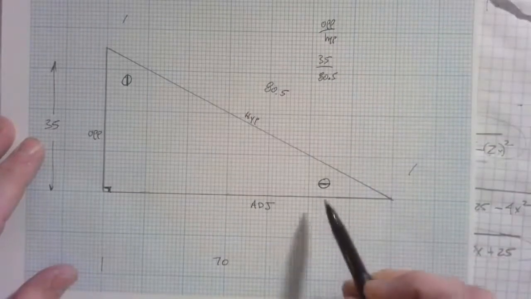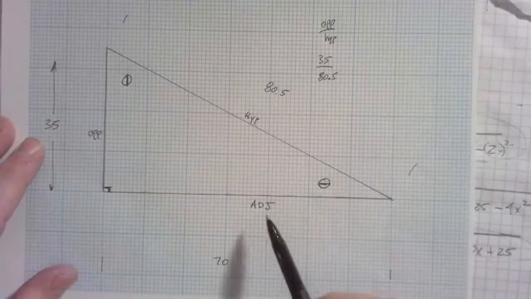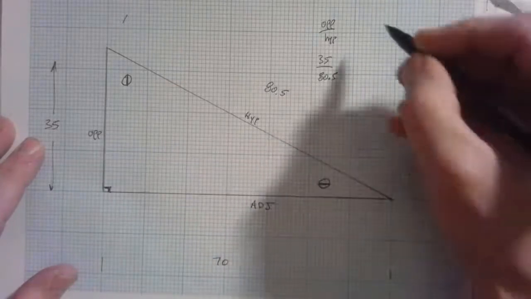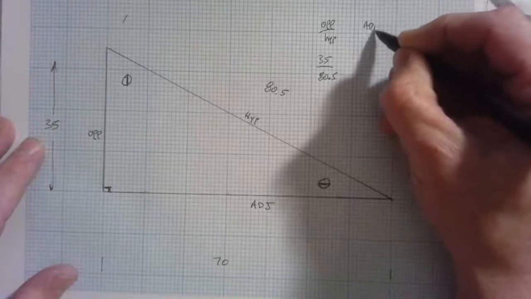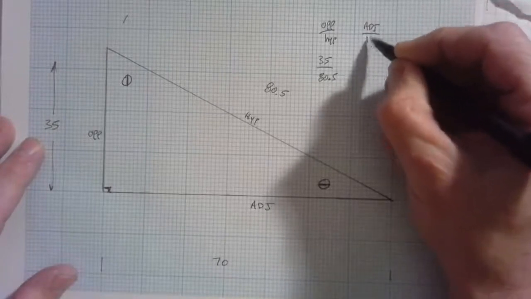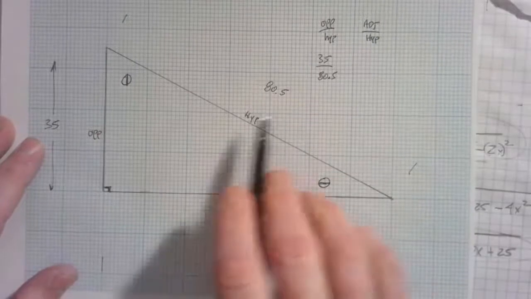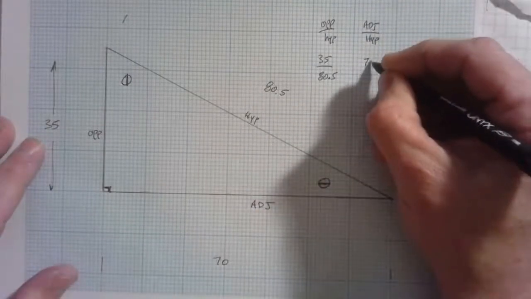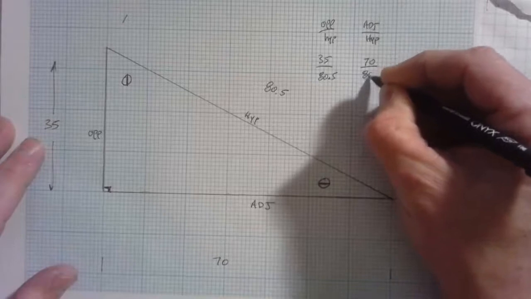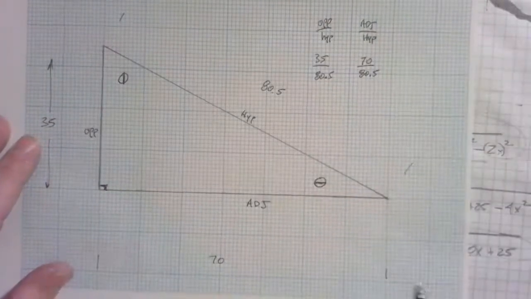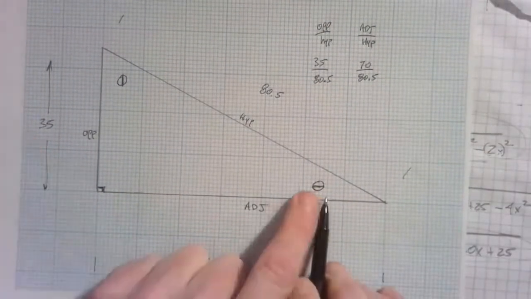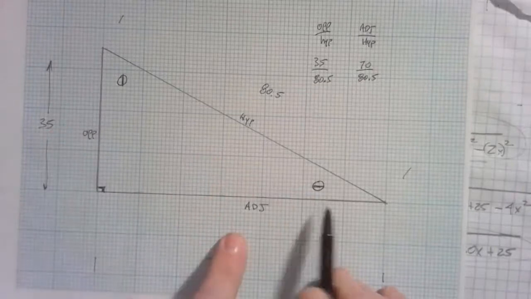What about, let's do another pair. Let's do the adjacent side divided by the hypotenuse. That would be 70 divided by 80.5. And the one we haven't done yet, let's do opposite over adjacent.